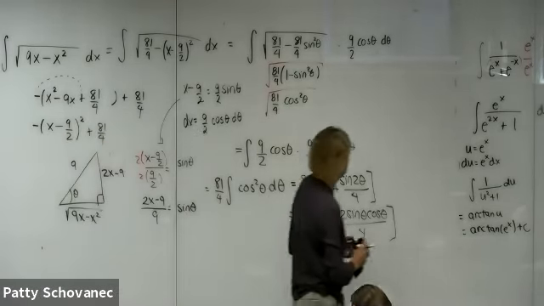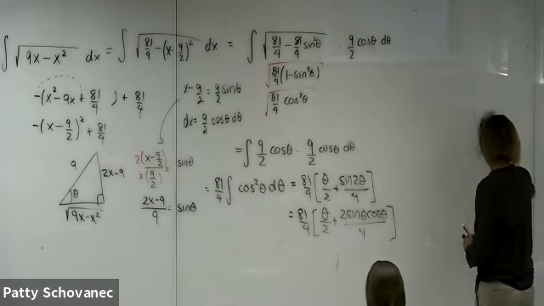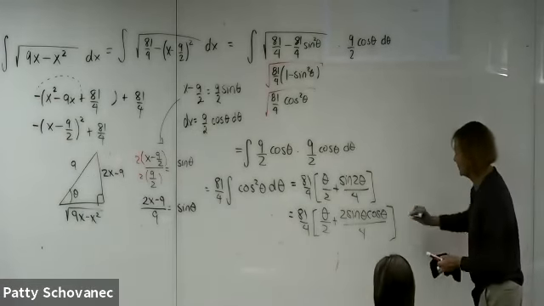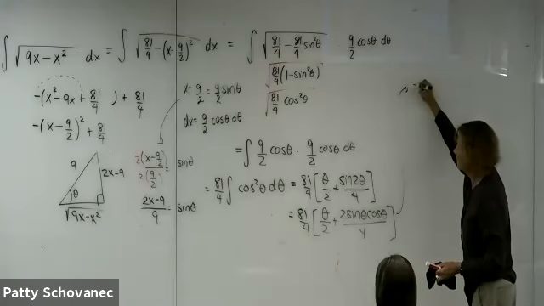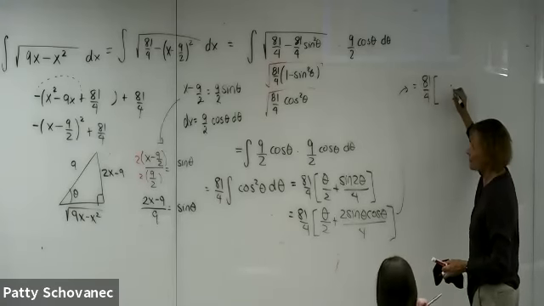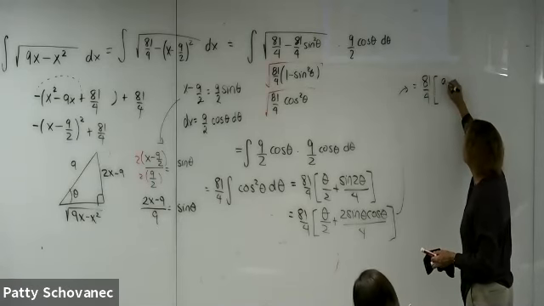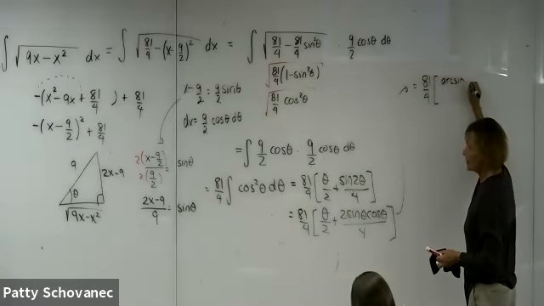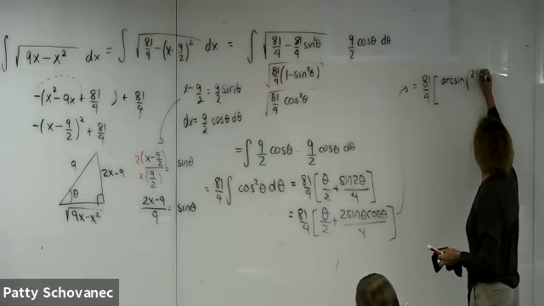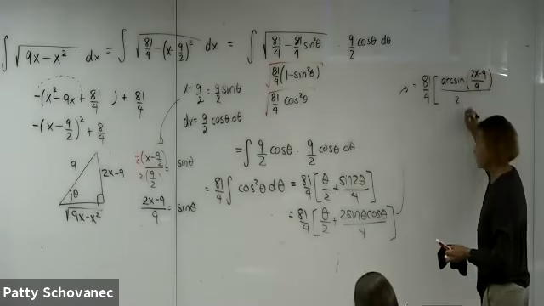So our final answer is 81/4 times theta over 2. So we said theta was the inverse sine of 2x minus 9 over 9, divided by 2.